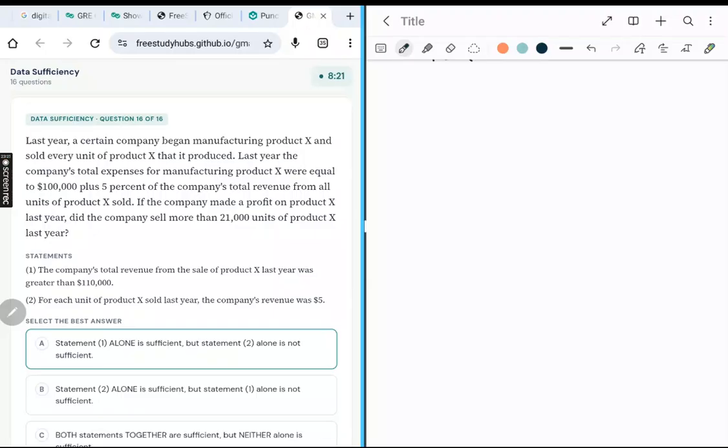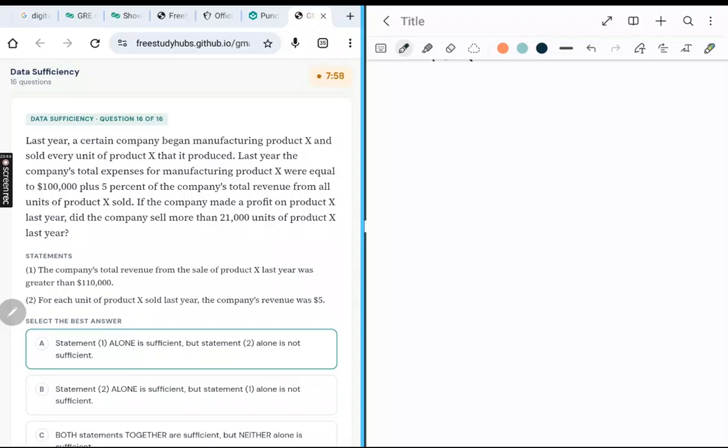The company's total revenue from the sale of product S last year was greater than 110. But we don't know. It could even be one sale. They can even produce only one thing and sell it at that amount. They must not produce that much. So statement 1 is not sufficient.